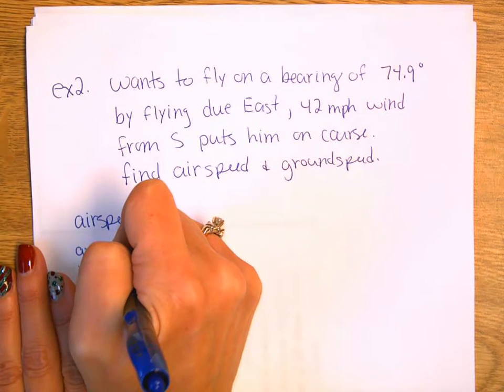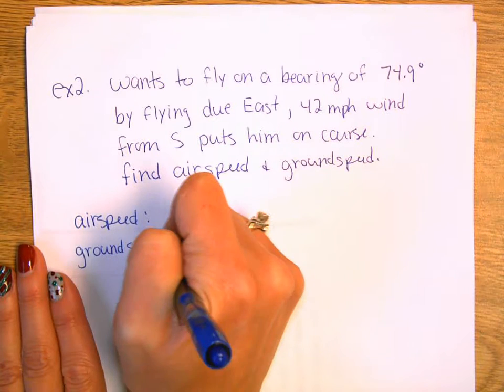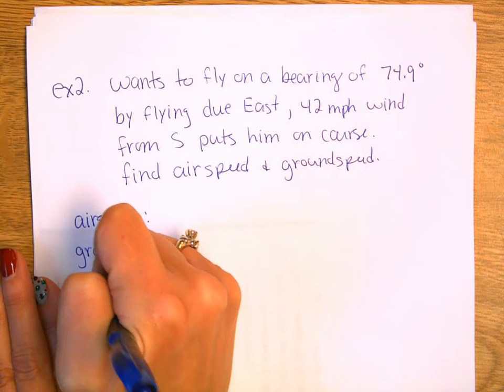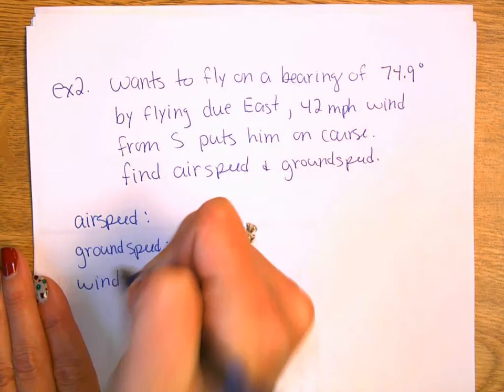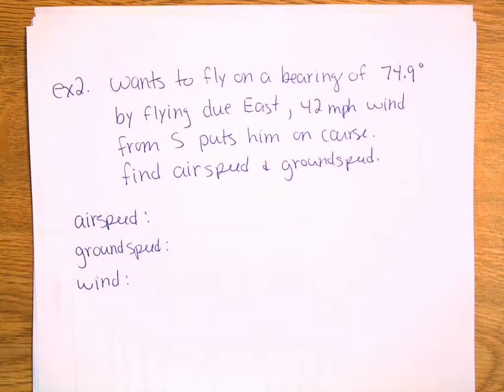Ground speed and wind. What do you know about the wind? The wind is going to go 254.9 degrees. Tell me what you know about the wind.